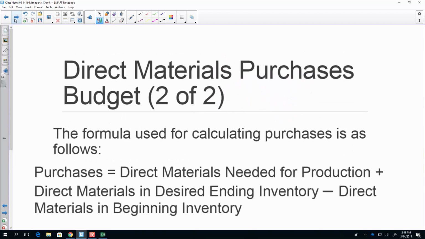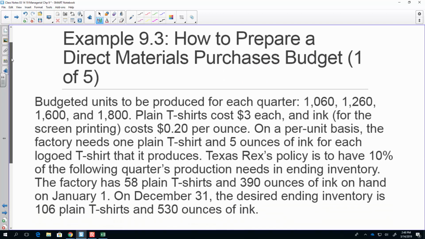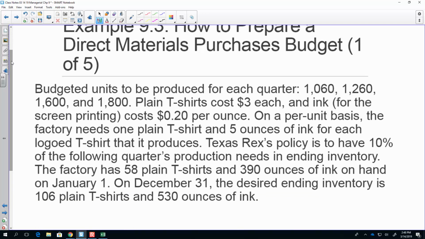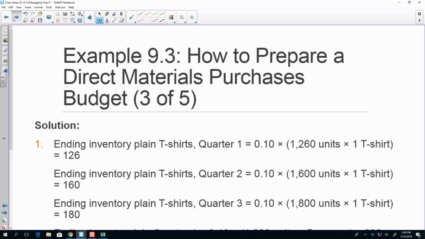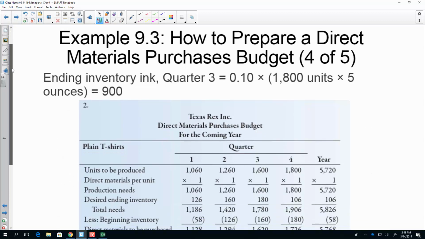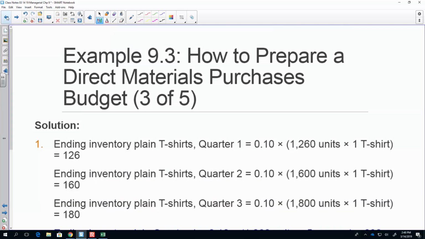The exercise or example is example 3. So basically we have two materials. One is the t-shirt itself, one is the ink for the t-shirt. I'm just going to show you the end result. This is the t-shirt schedule, and I think the desired ending here is 10%.